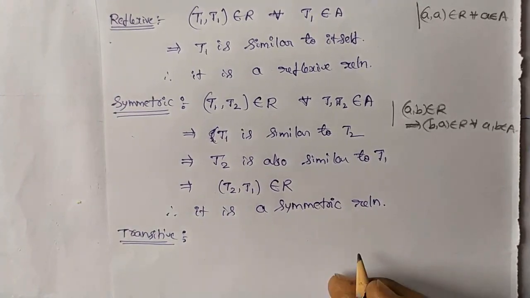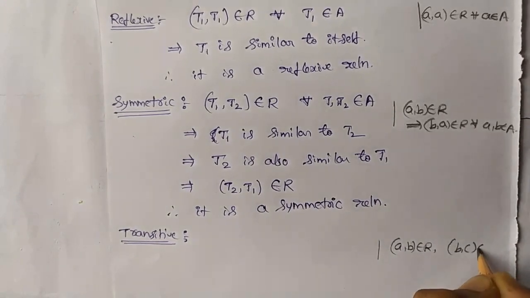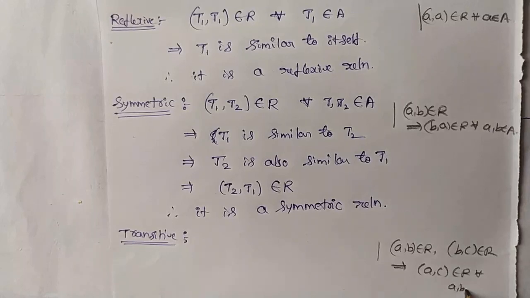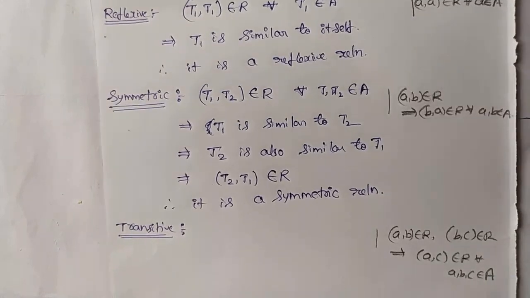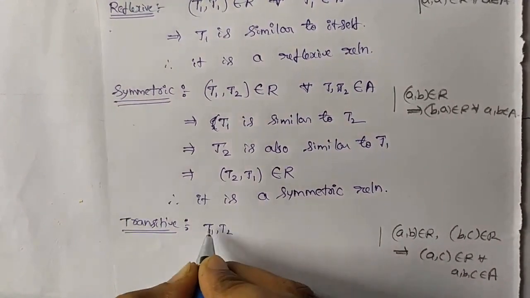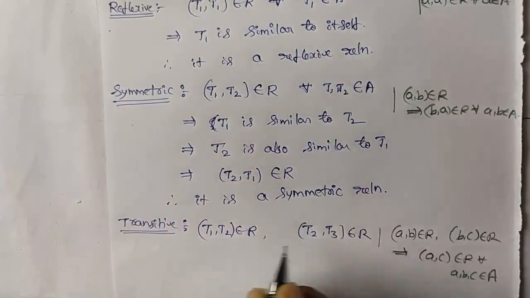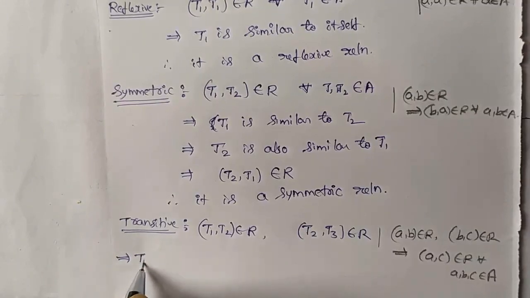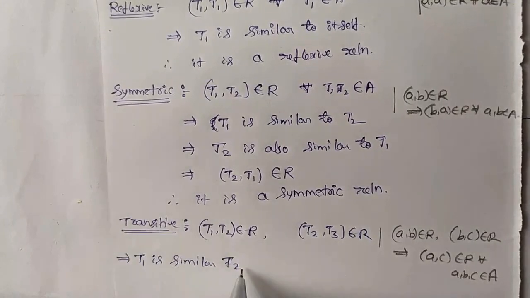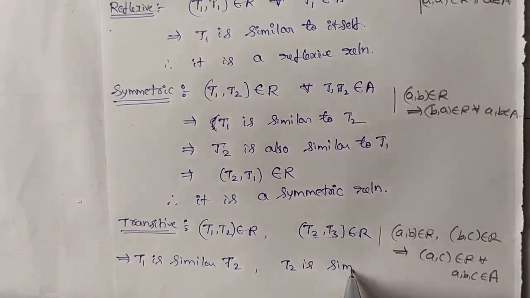Recall the definition of transitive: if (A, B) belongs to R and (B, C) belongs to R, then (A, C) also belongs to R, for all A, B, C belonging to the set A. Here (T1, T2) belongs to R, which means T1 is similar to T2, and (T2, T3) belongs to R, so T2 is similar to T3.